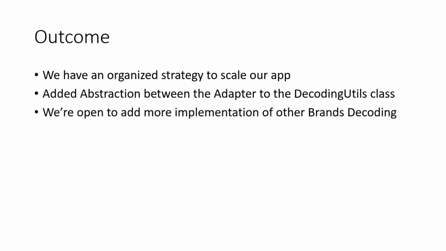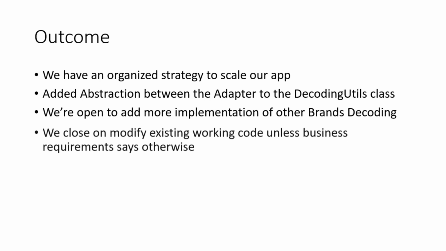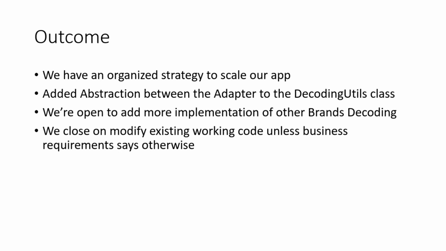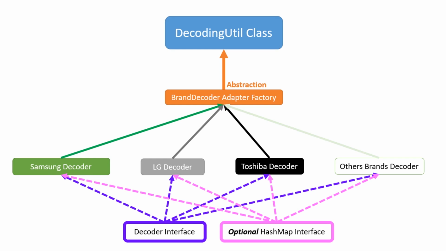And now we are open to adding more implementations of other brands, and we close the modification of existing working code unless business requirements say otherwise. For example, in our case here, we can add any other brand, but we close the modification for Toshiba. Let's say you have another brand, like an Apple TV decoder.